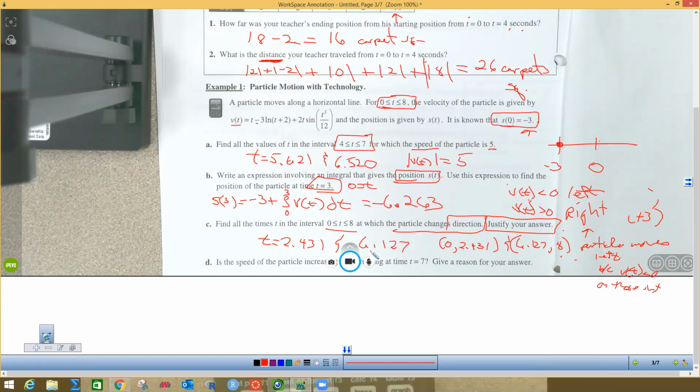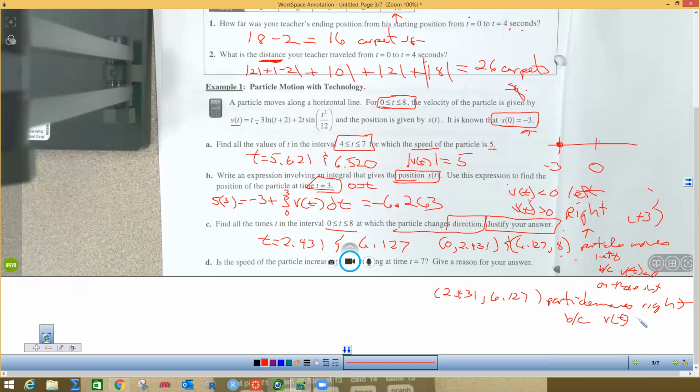And then we would want to say from this intersection to this intersection, from 2.431 to 6.127, the particle moves right because v of t is greater than 0.